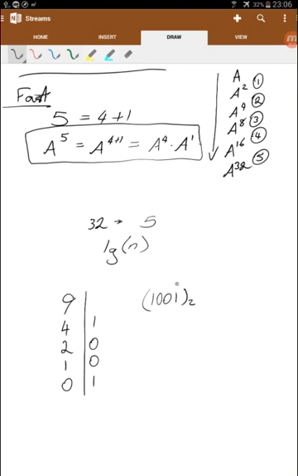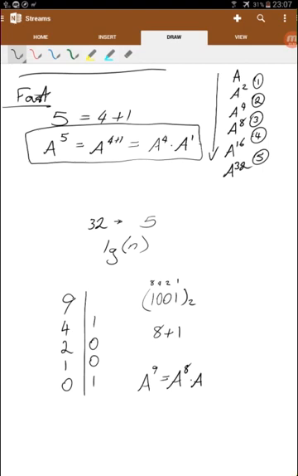If we were converting it back to decimal, we would be saying that's 1, 2, 4, and 8, and so we would see that this is simply 8 plus 1. Now when we're doing this as a power, we would be able to say that a to the 9 is equal to a to the 8 times a.